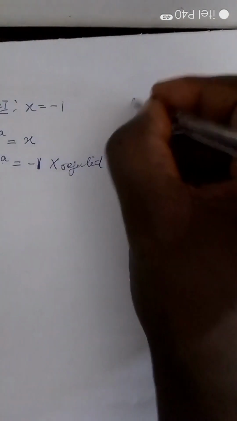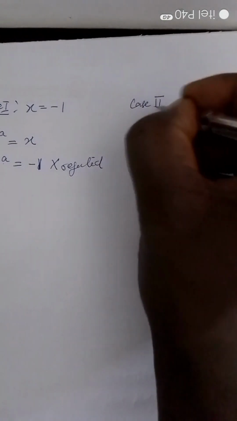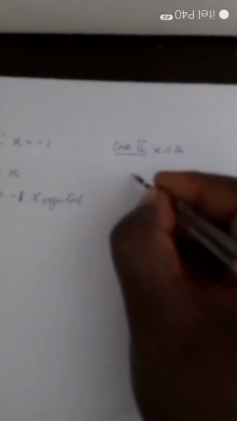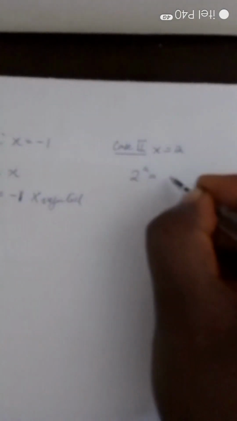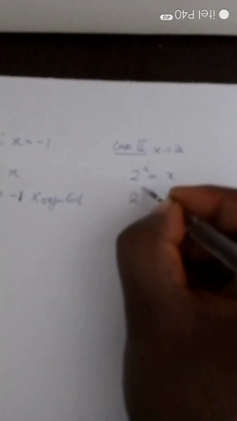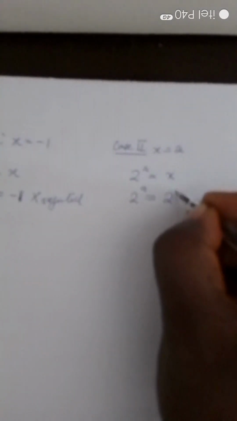Now let's go to case 2, where we have x equals 2. If that is the case, then 2 to the power of a will be equal to x, so 2 to the power of a will be equal to 2 to the power of 1.